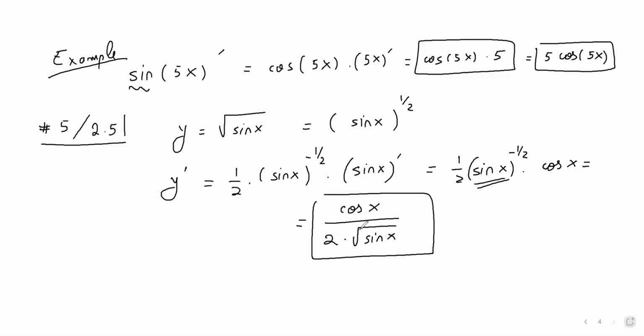Finally, our last problem today will be number 6 of section 2.5. And number 6 says we have to do y equals sine of the square root of x. Okay, so now pay attention here. This is different. This is quite different.